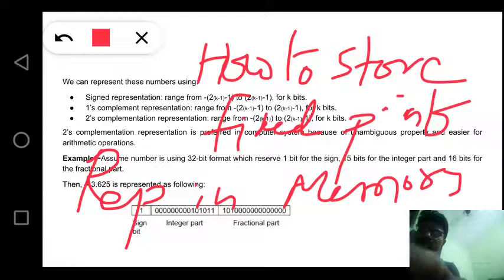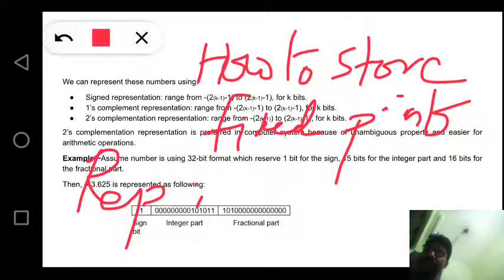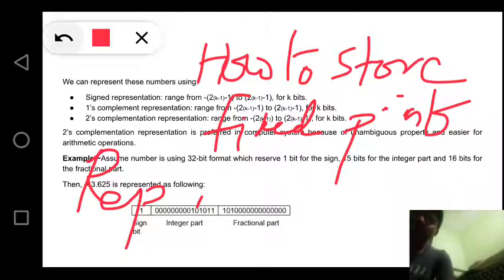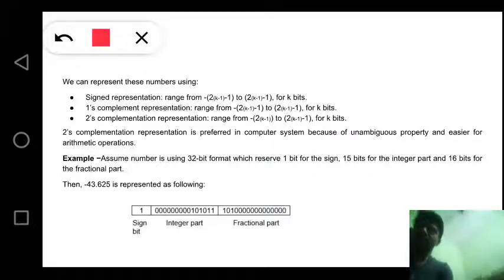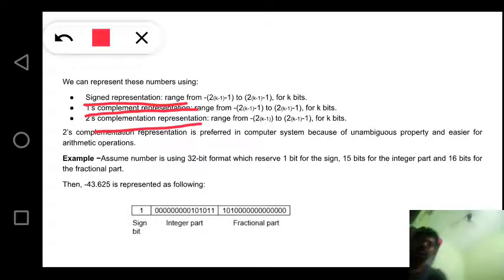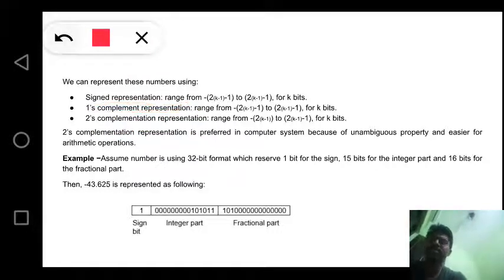Ultimately, this number has to go and be stored in the memory. So how to store this number in the memory? There are three different techniques, and very popular ones. One is signed representation, another is ones complement, and the third is twos complement. These are the very popular representations of a number, maybe a fixed point number or a floating point number. So this has to be represented or stored in a memory.